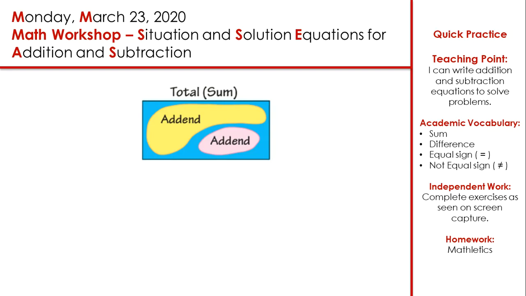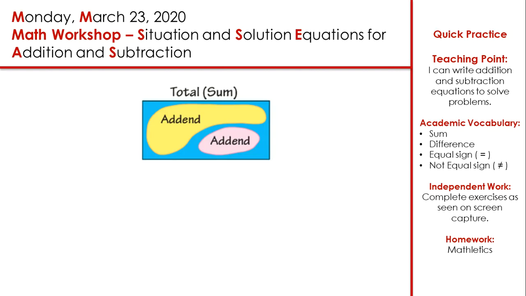You're not coming up with a solution yet, you're just writing as an equation the problem that we have. Then, when we transform that equation in such a way that we're able to solve it, that equation is a solution equation. Now, let's say, for example, that we have a problem where we're missing an addend.